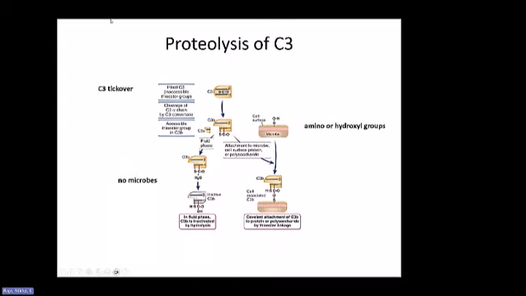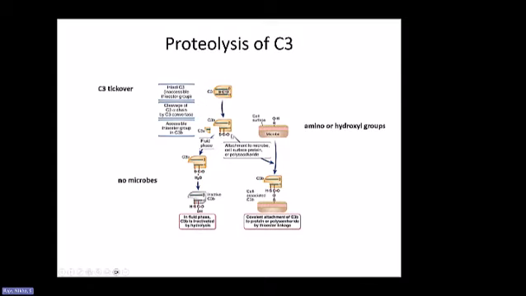So here's our alternative pathway. C3 is constantly being released, and the intact C3 piece has something called a thioester group. So chemically, it has this bond in it that's cleaved when there is cleavage of C3. So when we say C3 is cleaved, this bond is broken. So it leads to formation of two fragments, C3a, the smaller fragment, and a big C3b fragment.